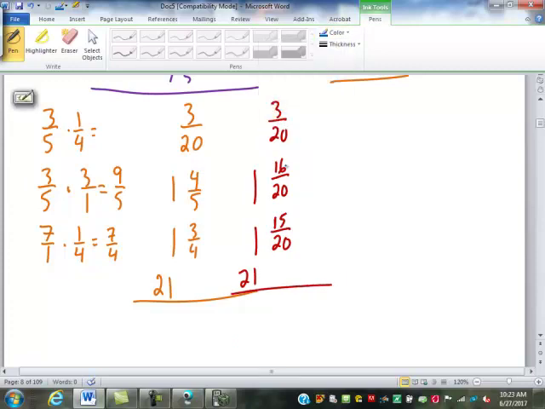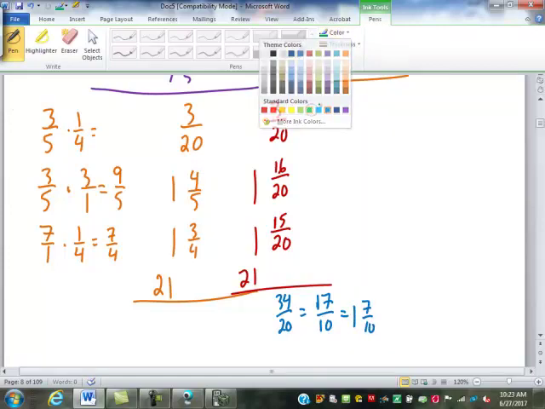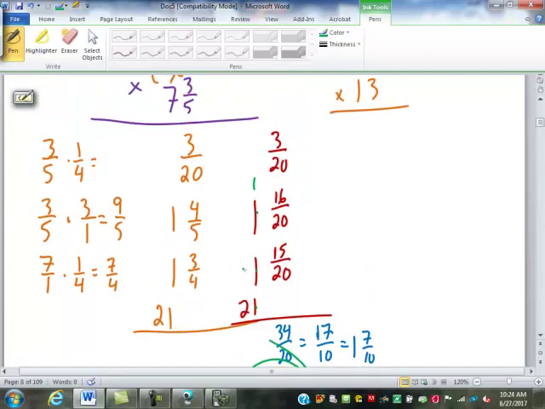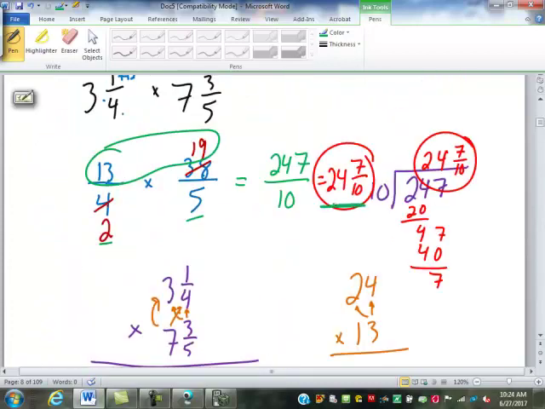So we have 3 and 16 is 19, 34/20, which is 17/10, right? Both divide by 2, which is 1 7/10. So I will keep the 7/10. Carry the 1. 1, 2, 3, 4, and 2. 24 7/10. I get the same answer.